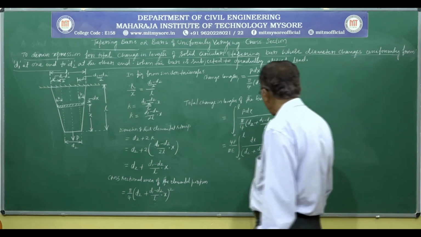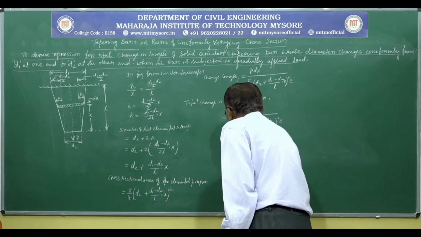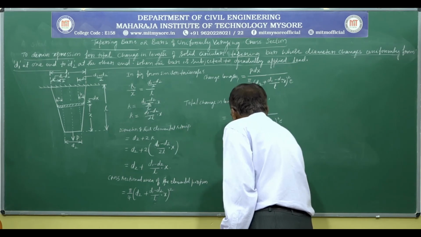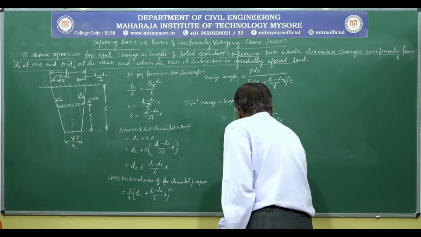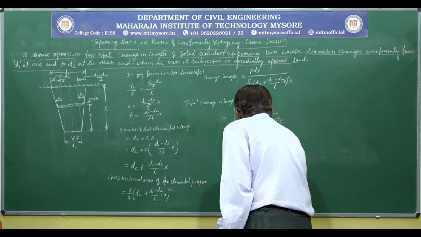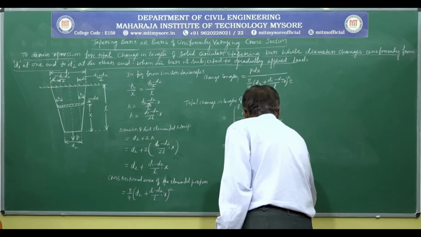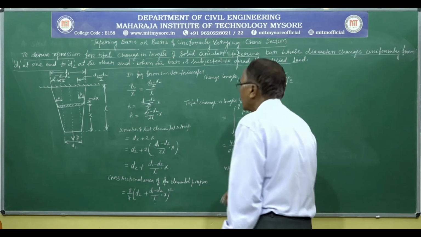Now, let d2 plus (d1 minus d2) by L into x be equal to y. Call this equation 2.